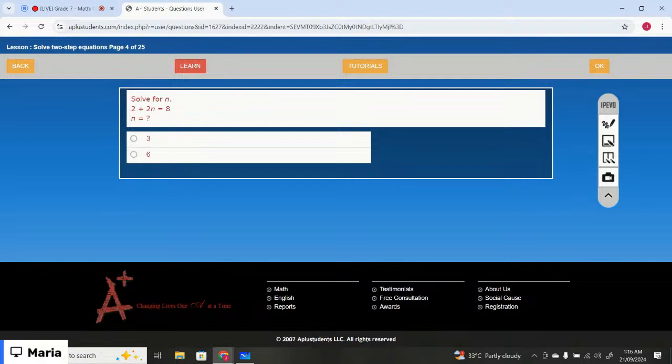Solve for N. 2 plus 2N is 8. So which is the correct option?